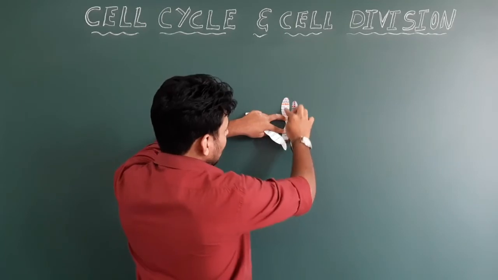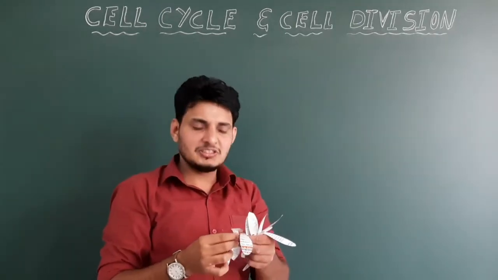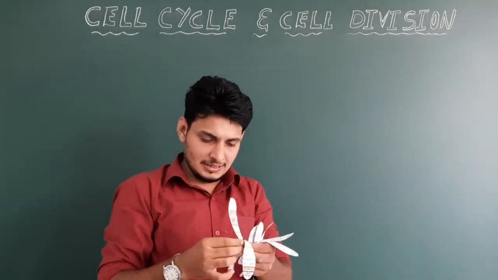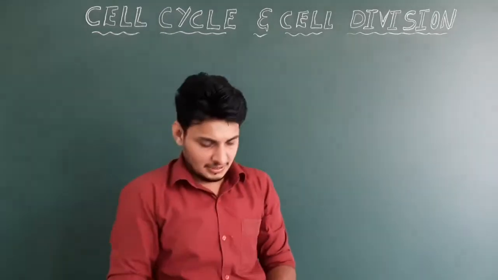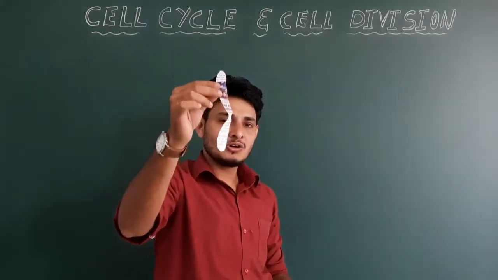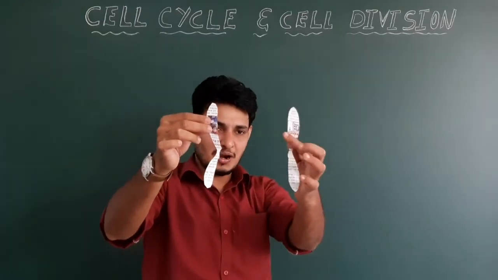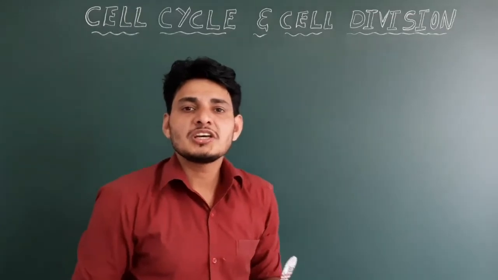This is one chromatid and this is the other chromatid. I can easily separate them. Very simple, let me tear it. Now the X-shaped chromosome has become a linear chromosome. This is one chromatid, and this is another chromatid. So in a chromosome you see 2 sister chromatids.